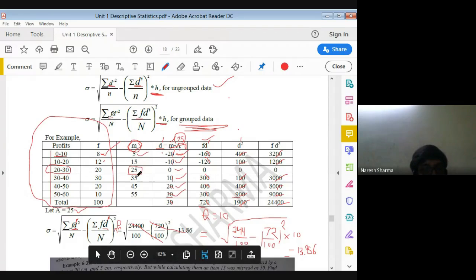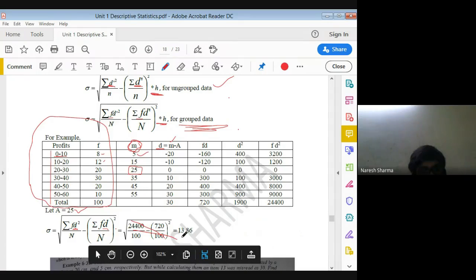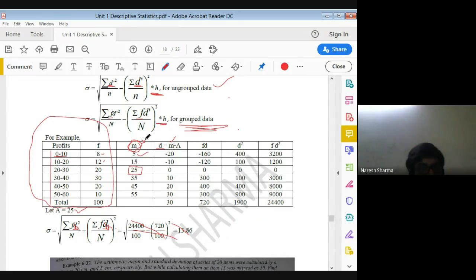Again, just for your understanding, if we try the same question, instead of x, in case of grouped data we may write m also, it's your choice. This m is actually x.